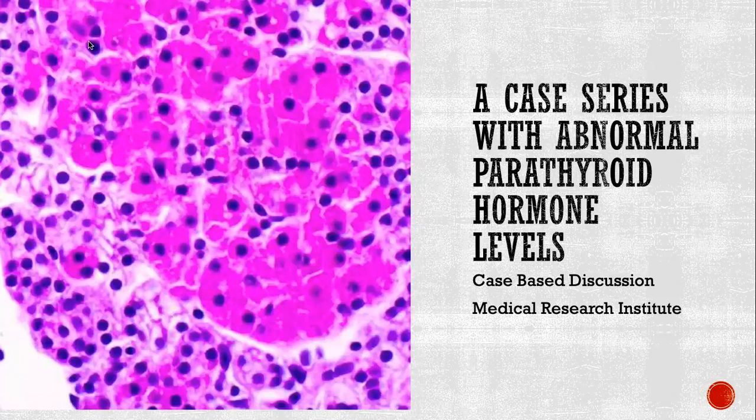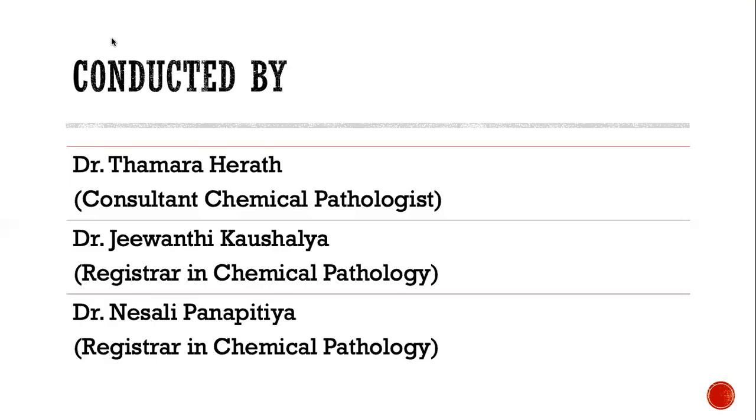Good afternoon, you all. Welcome to the monthly case-based discussion of the College of Chemical Pathologists. A case series with abnormal parathyroid hormone levels, conducted by Dr. Thamara Herath, Consultant Chemical Pathologist at the Medical Research Institute, Dr. Jivanti Kaushalya, Registrar in Chemical Pathology, and Dr. Nesali Panapitiya, Registrar in Chemical Pathology.